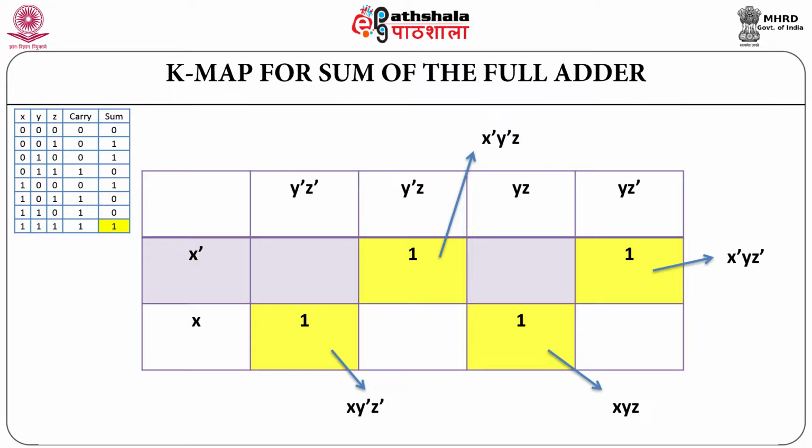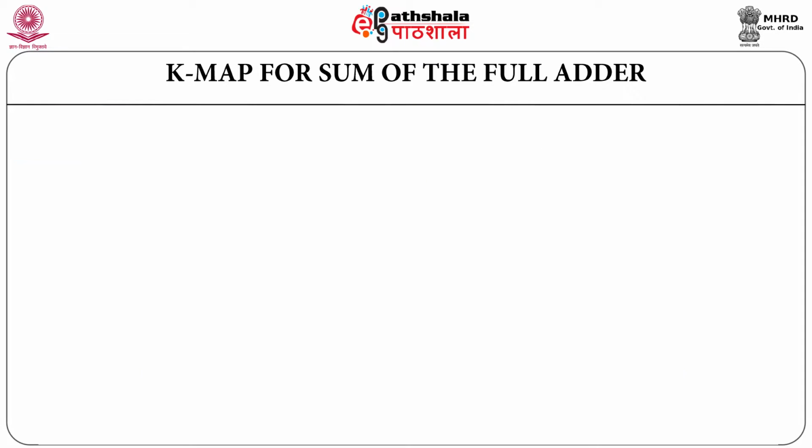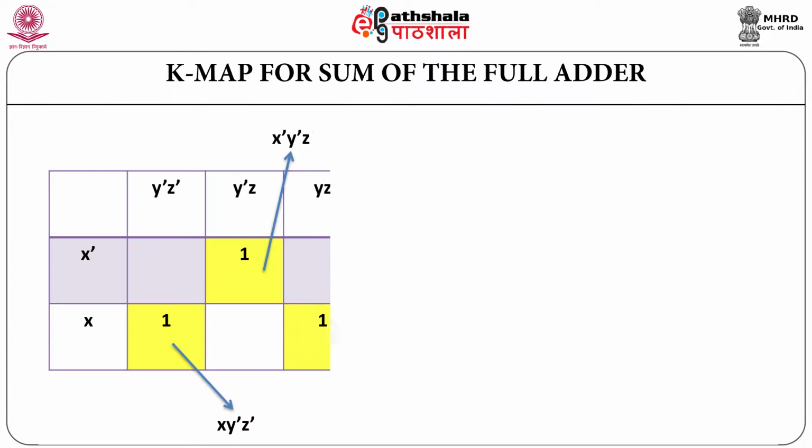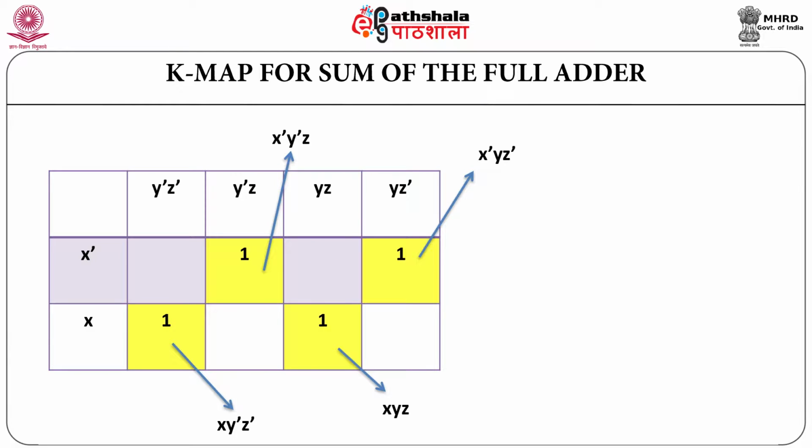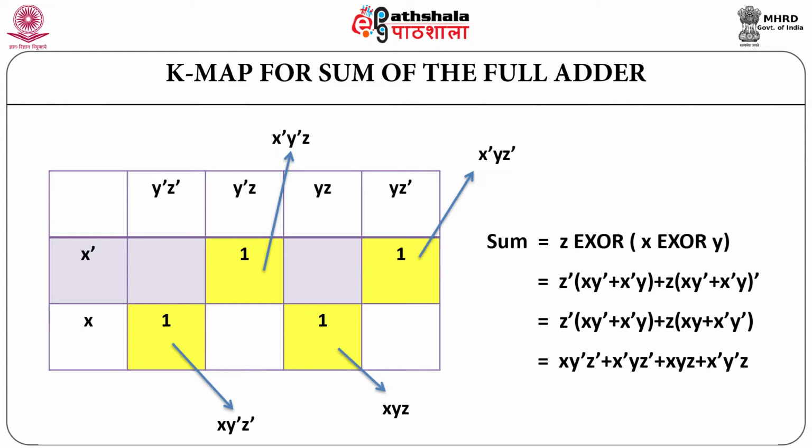So, if you look at this K-map, you will find that there are 4 places where there are 1s. The expression for the sum can be obtained by using these 4 blocks where there is 1. So, expression is sum is equal to x y dash z dash or x dash y z dash or x y z or x dash y dash z.